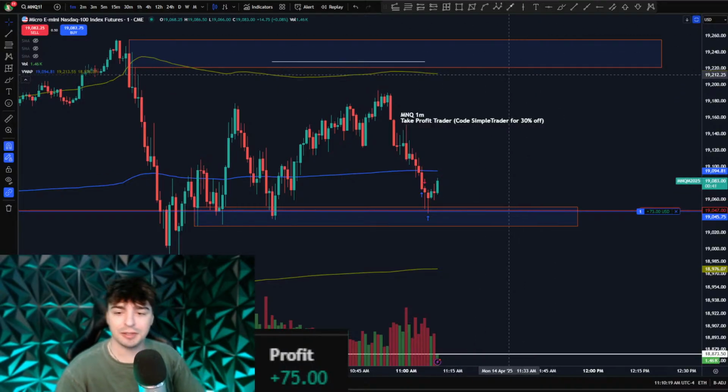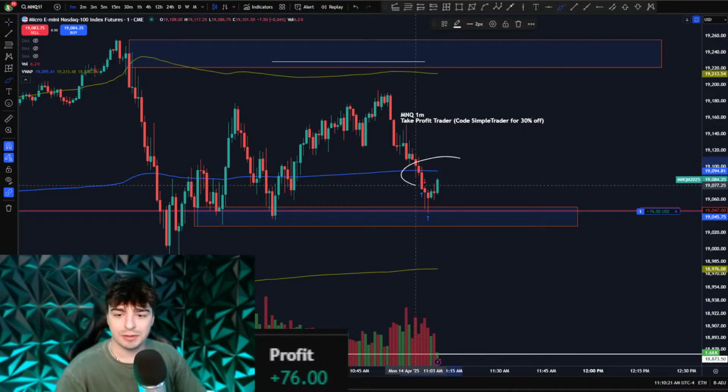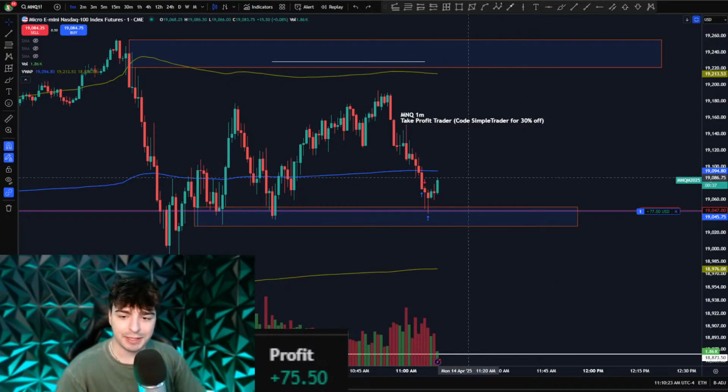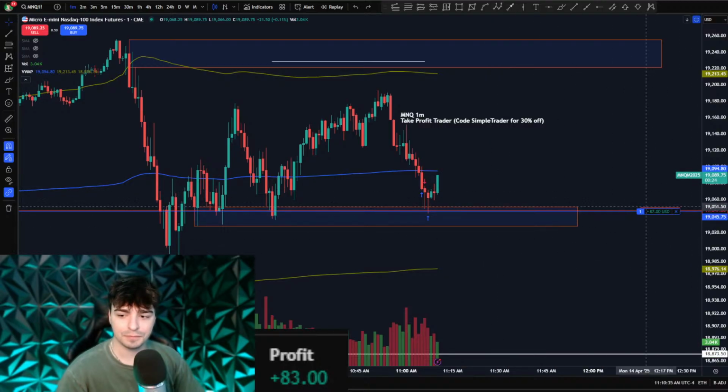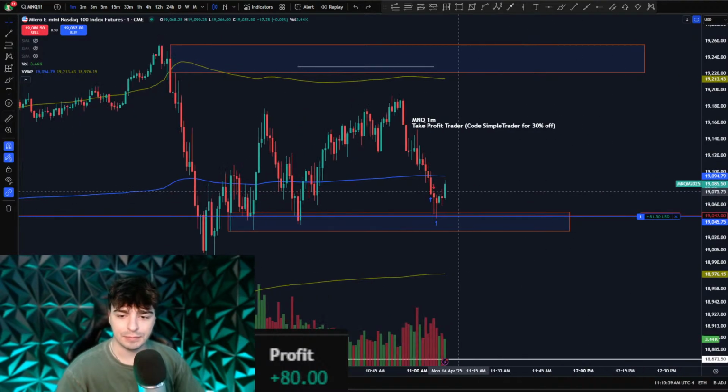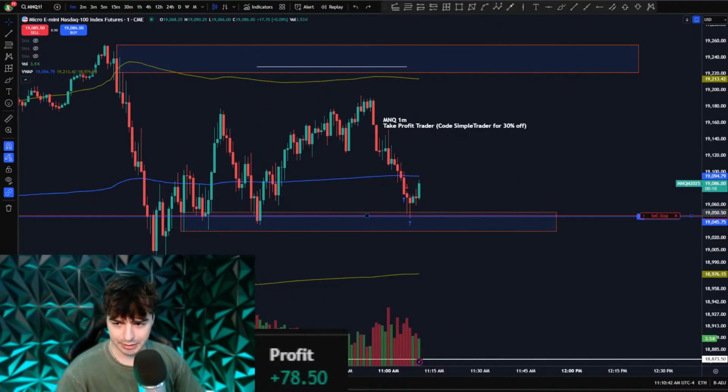Nice push there. Try to get back above VWAP. If we fail at VWAP, that'll probably be the nail in the coffin. Yeah, now this is where it gets interesting, getting to that VWAP.